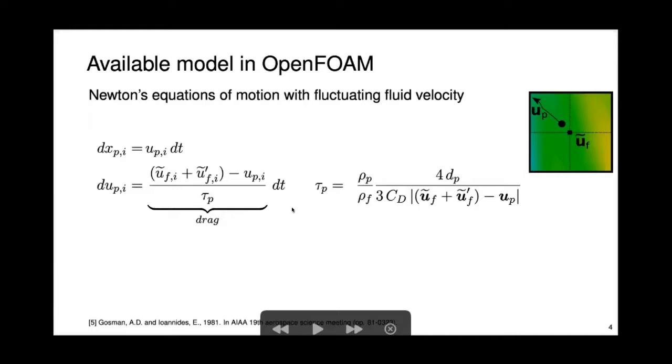So here the relative velocity depends on, of course, the particle velocity UP, the fluid velocity UF, which is interpolated to the particle position, as well as some fluctuating term. So in OpenFOAM, this is based on the turbulent kinetic energy and some random variable sampled from a normal distribution.